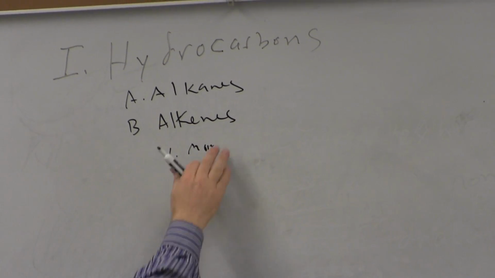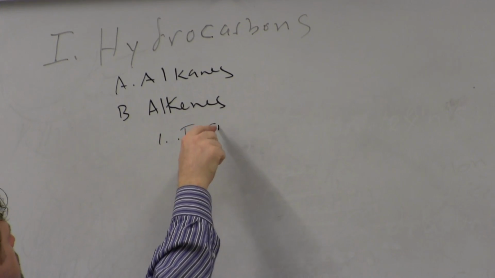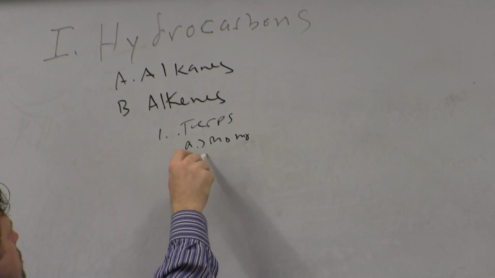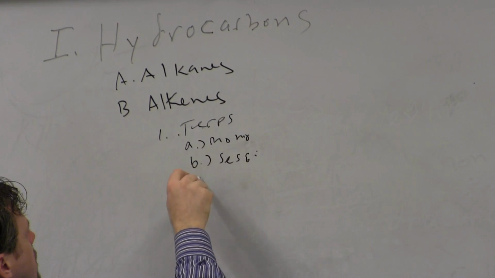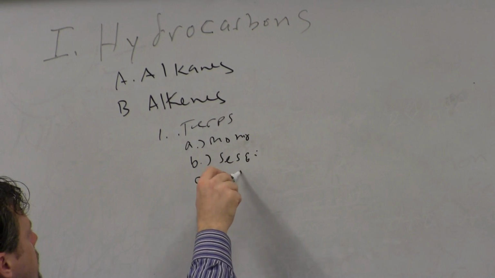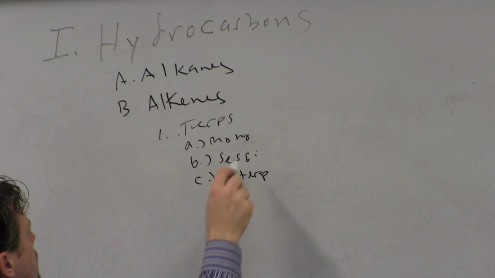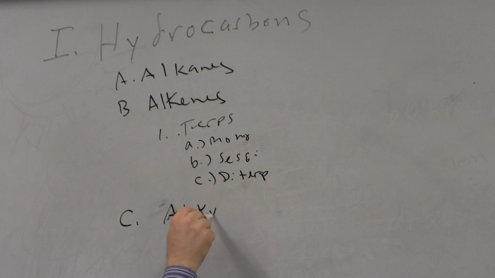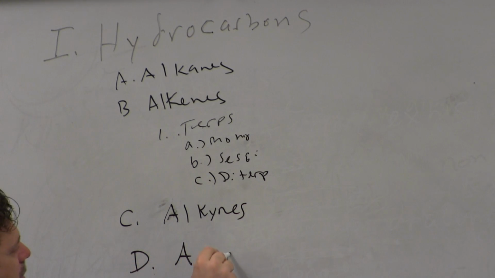Yeah, we did terpenes, and we did mono, sesqui, and di. And then we had the alkynes. Now the final subclass under hydrocarbons are the aromatic hydrocarbons.